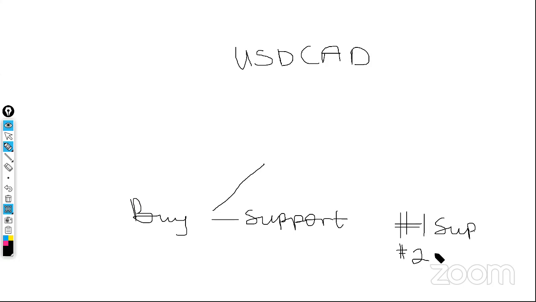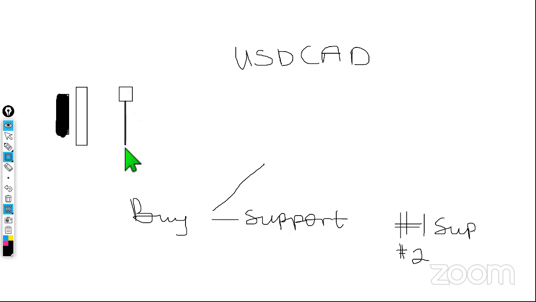Some of the bullish price action signals you can look out for are your bullish engulfing bars and your bullish pin bar. This is an example of a bullish engulfing bar at a support. And then we have the bullish pin bar.